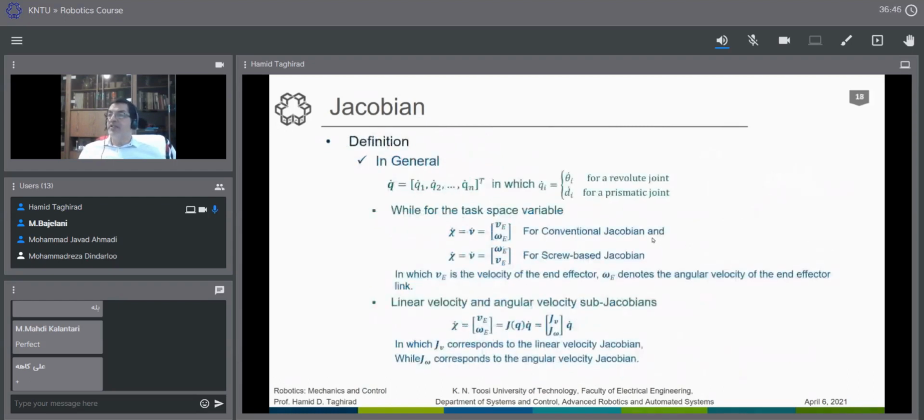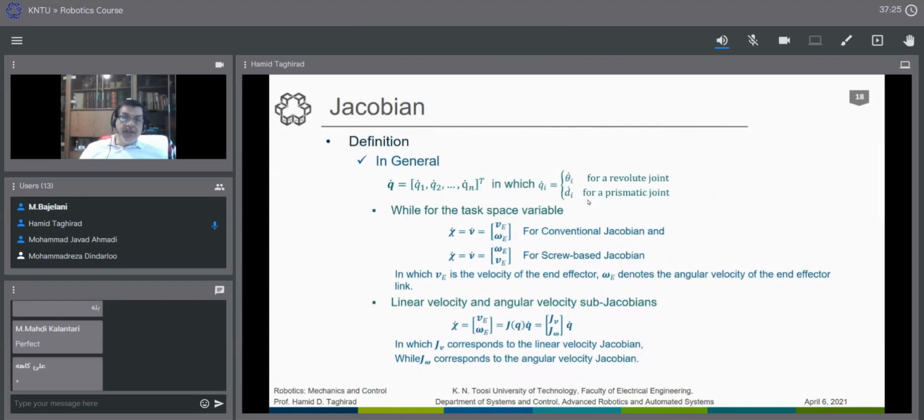We first consider a general manipulator, 3 by 3, 6 by 6, or even 7 by 6, depending on the number of actuators and the number of degrees of freedom that we have. Usually Q dot is given by theta dot i for a revolute joint, or d dot i for a prismatic joint.